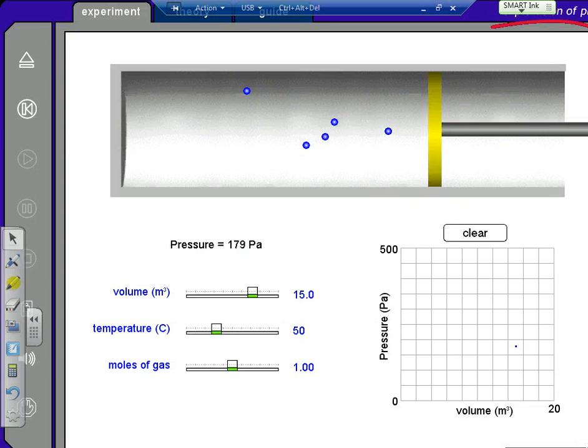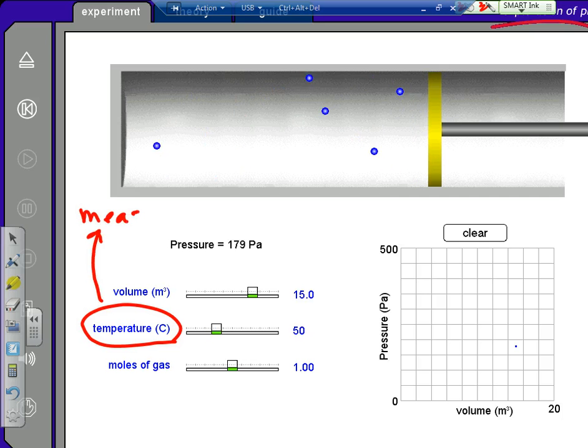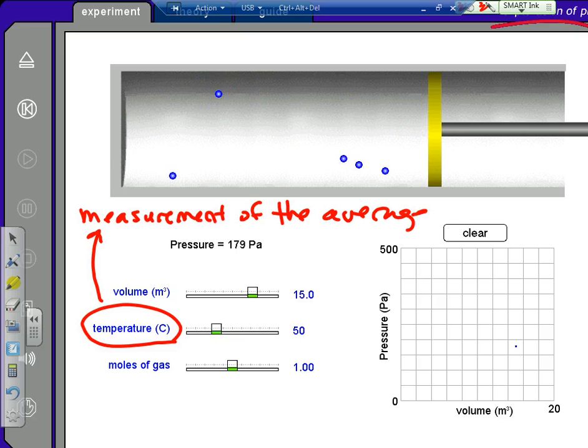So right now, before we actually talk about the relationship between temperature and pressure, let's define temperature. Temperature is defined as a measurement of the average kinetic energy of the molecules.